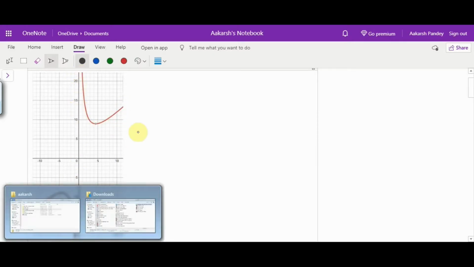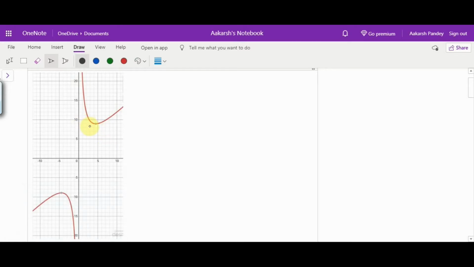And do remember that it is not necessary to connect all these points in one single go, because you can see this is one shape and there is no connection between this branch and the other branch. So you don't have to necessarily connect these two, because I have seen a lot of students do it, that once they have drawn this branch, they somehow want to connect it to the other branch because they haven't seen broken graphs like these.